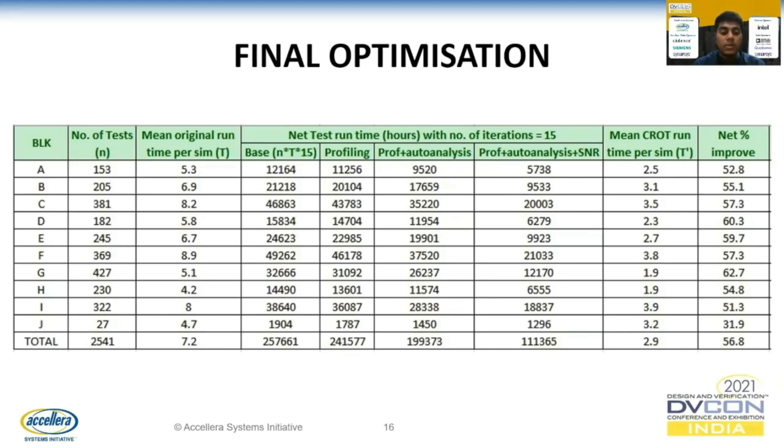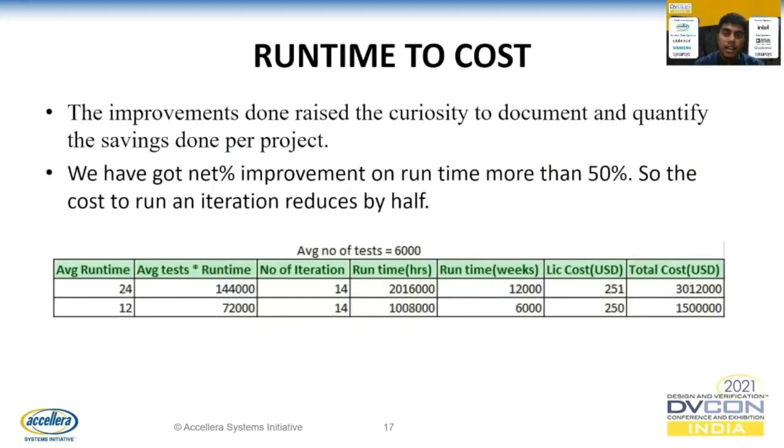This pilot has been successfully implemented in our current SOC DV project, and it shows a tremendous improvement over the traditional regression approach used before, with live time tracking and reporting, simulation speed enhancement, and license optimizations. The improvement raised a curiosity to document and quantify the amount of cost we are saving.